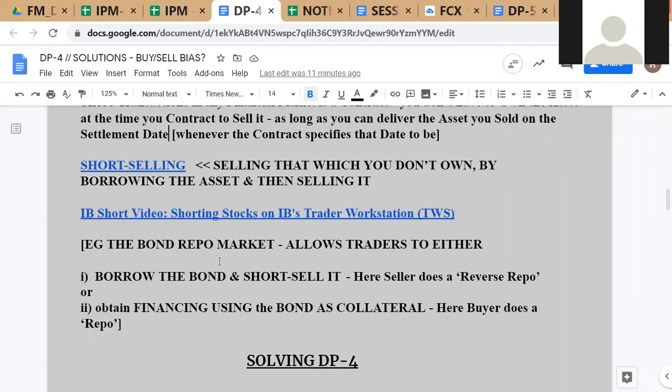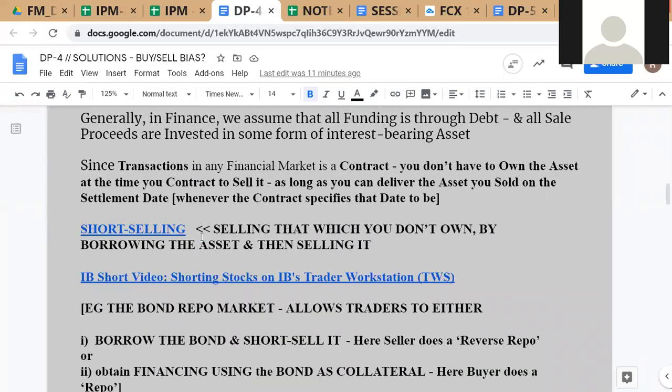Okay, so that's what short selling is. You sell that which you don't own by borrowing the asset to fulfill your obligation under the contract in which you have sold it. So this is how it works.